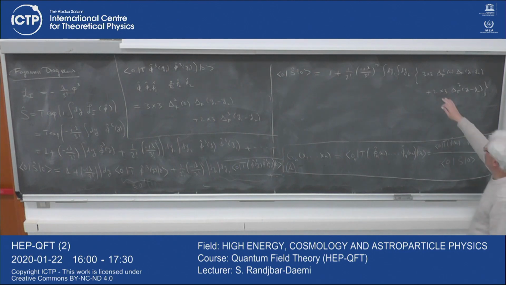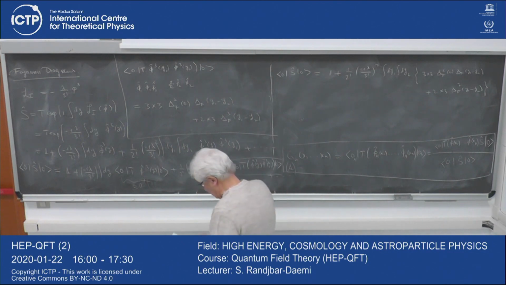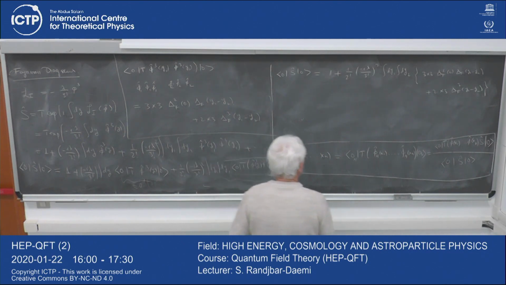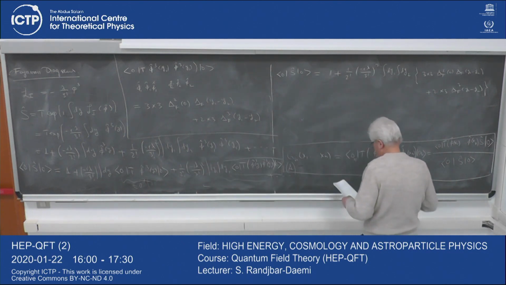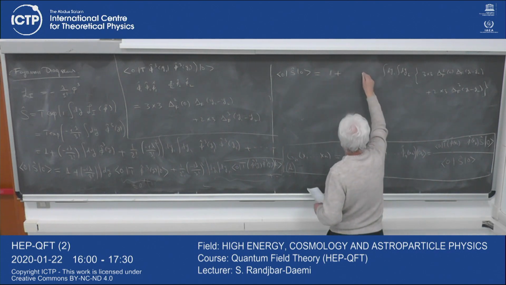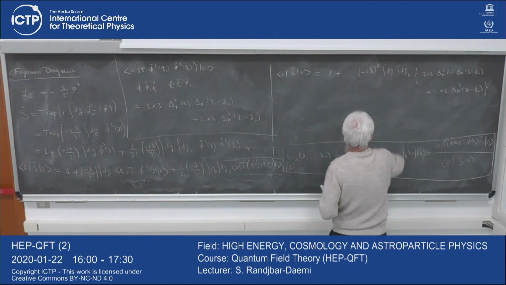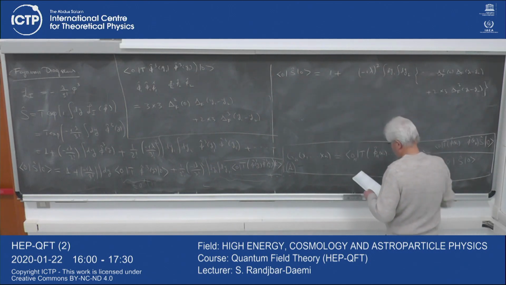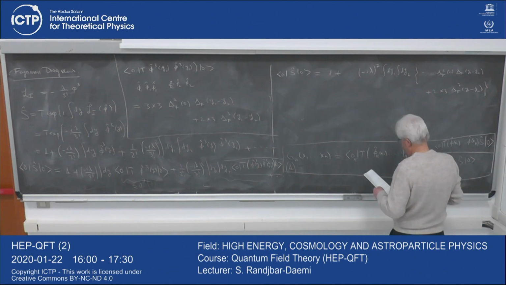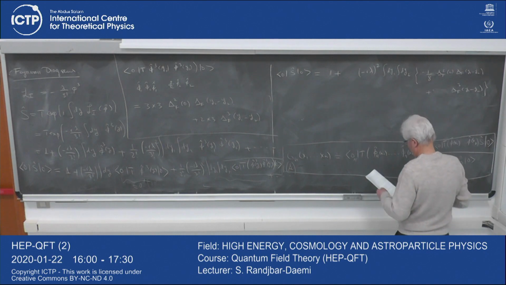Okay, so the prefactors simplify. The numbers simplify, and at the end, let me just remove these numbers and keep whatever survives. Obviously, minus I lambda to the power 2 will survive from there. The coefficient in front of this becomes 1 over 8, and this coefficient becomes 1 over 12.